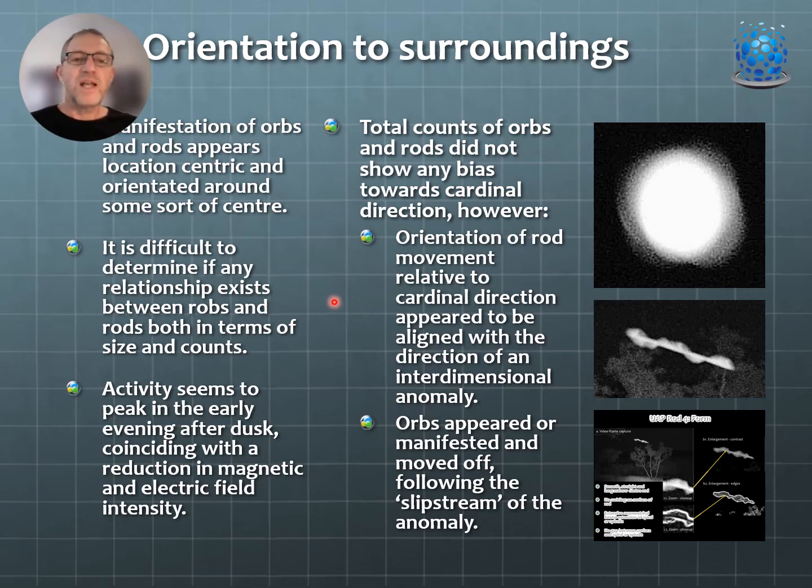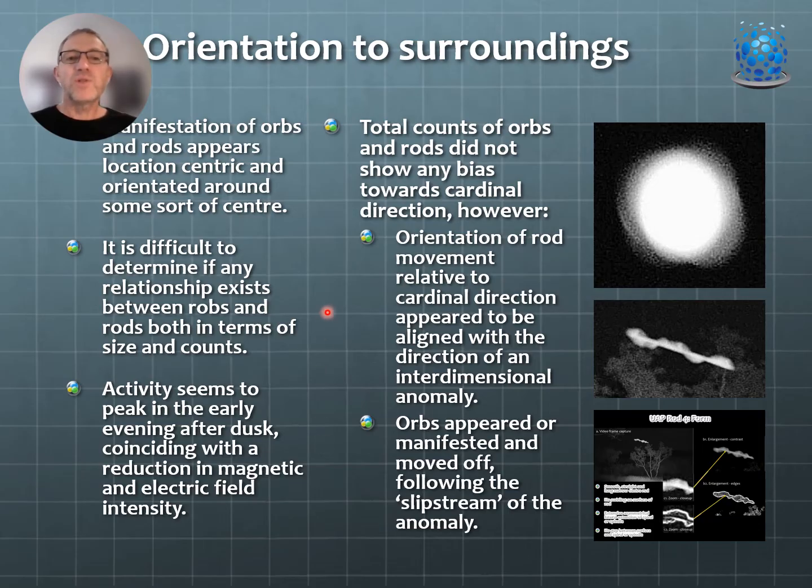So that analysis is a work in progress for journal publication. Now, the activity seems to peak in the early evening after dusk, which coincides with reduction in magnetic and electric field intensity. And we talk quite extensively about how that's associated with what we think is an interdimensional anomaly and the harnessing or utilization of energy by orbs and rods and its connection with all that.